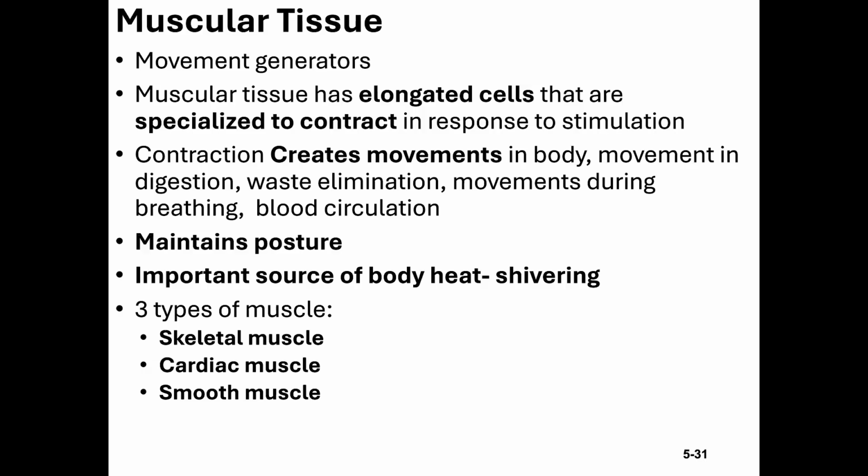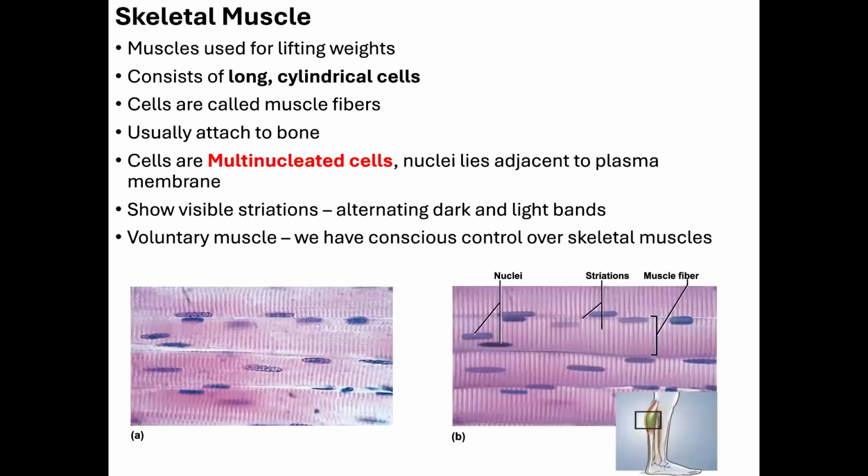Three types of muscles: skeletal muscles, cardiac muscles, and smooth muscles. Skeletal muscle, that's what we refer to normally. These are the muscles that you use when you go to the gym for pumping iron. And when you look under the microscope, you can see they have long cylindrical cells.